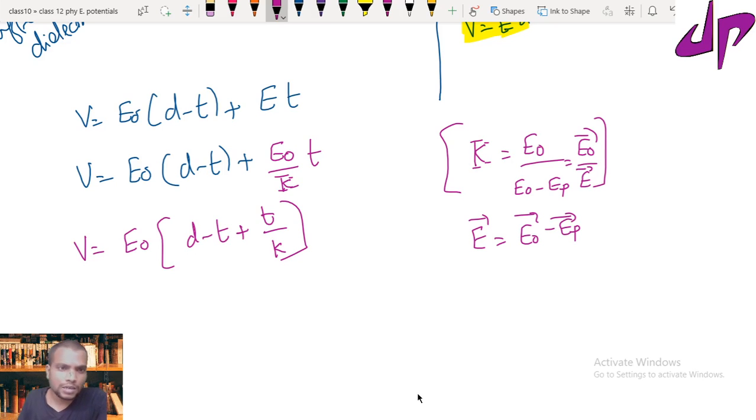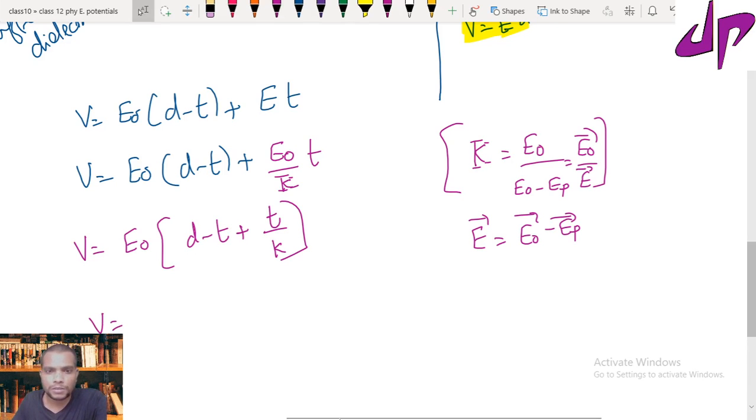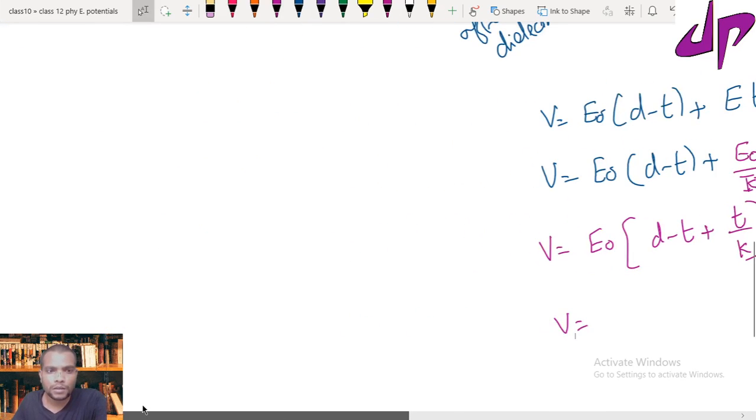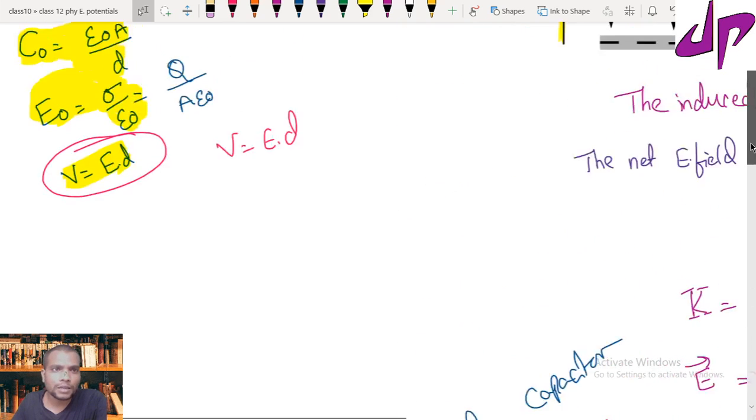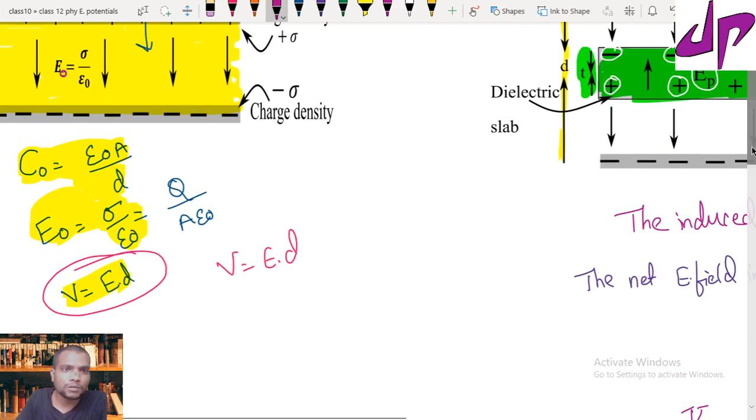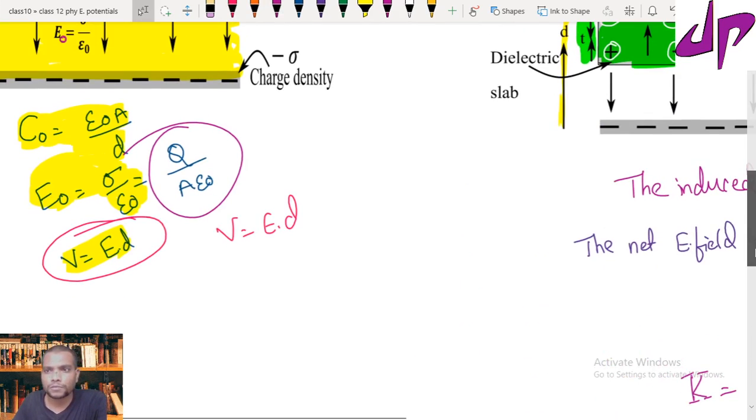So this is the final expression. Let me write the T properly, and substitute the E naught value from the very first expression, the electric field between the parallel plate capacitor, E naught equal to Q by A times epsilon naught.